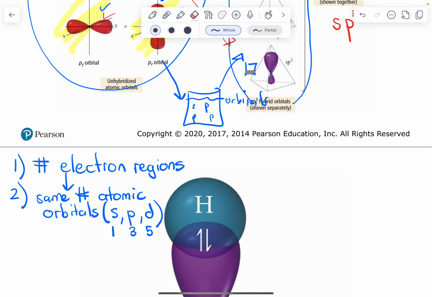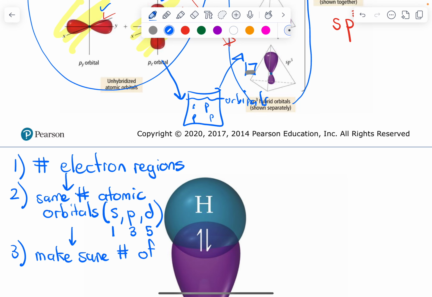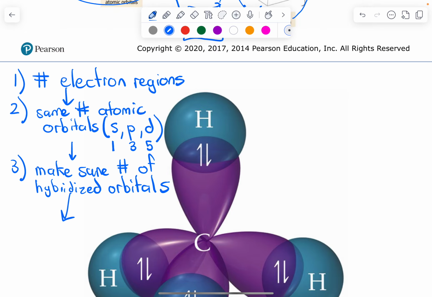So we start with the number of atomic orbitals that matches up with the electron regions, and then we make that same number of, we call them, hybridized orbitals. That's the key point. And the way that we label the hybridized orbitals is the orbital, and then however many of those orbitals we mixed in.